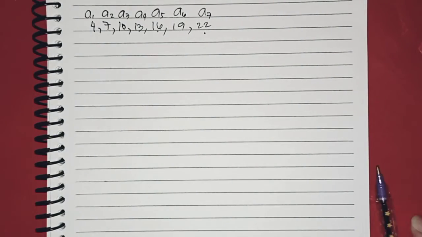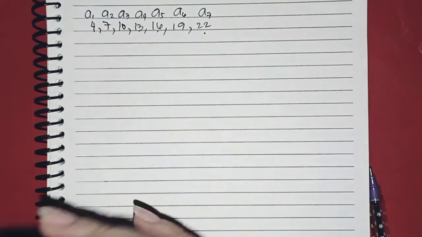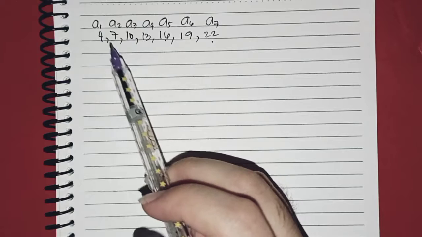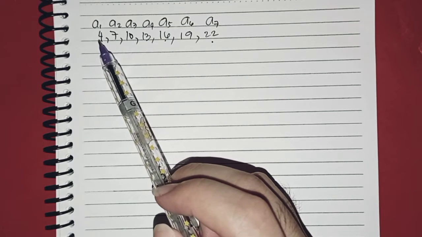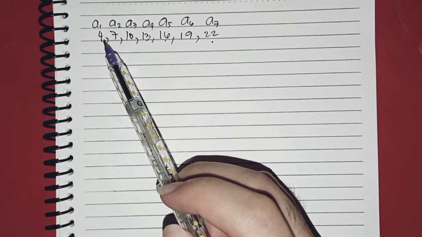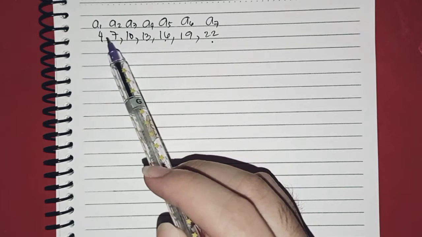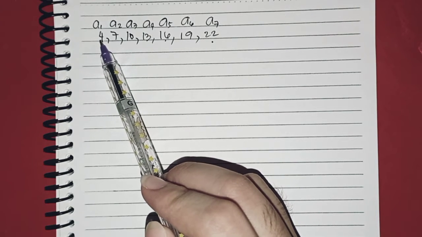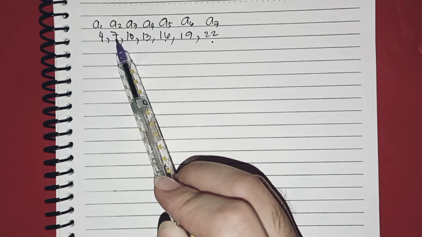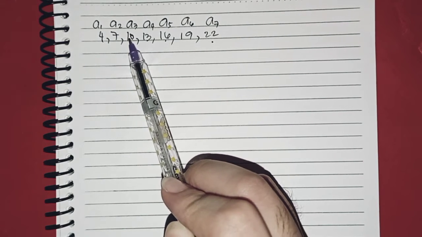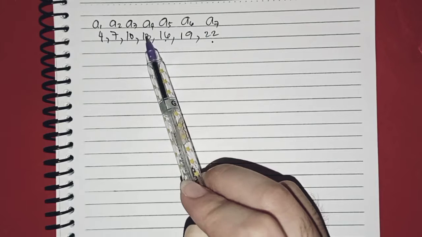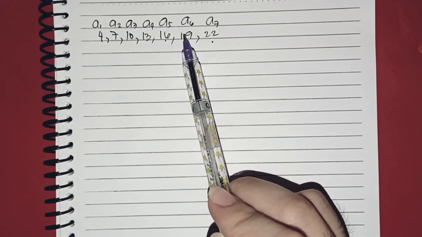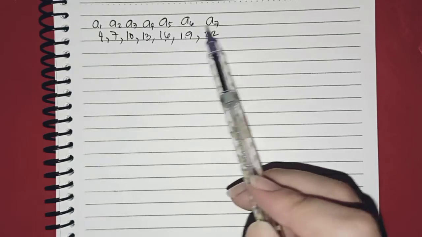Now, as we can observe in this sequence, the pattern here is that we add 3 to the previous term so that we can have our next term, such as 4 plus 3, that is 7, 7 plus 3, that is 10, 10 plus 3, that is 13, 13 plus 3, 16, 16 plus 3, that is 19, and 19 plus 3, that is 22.